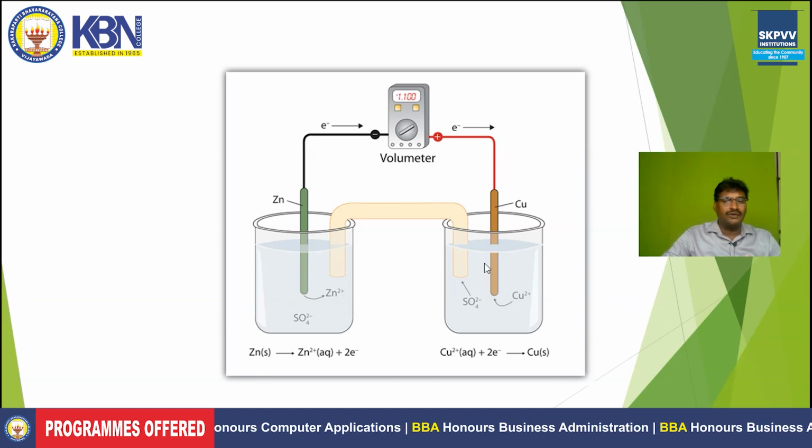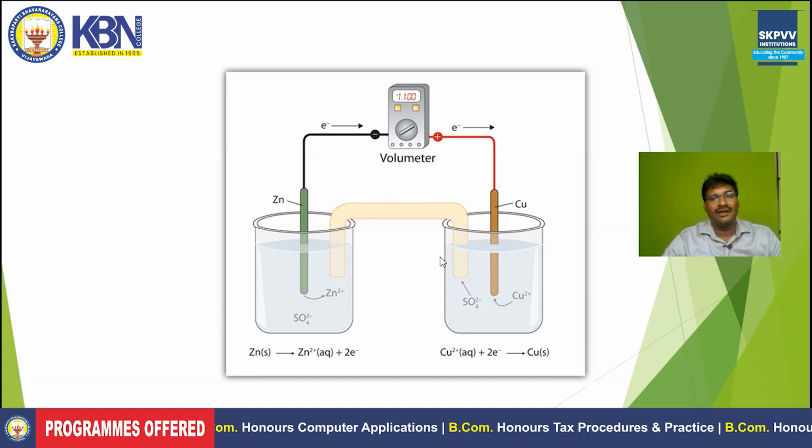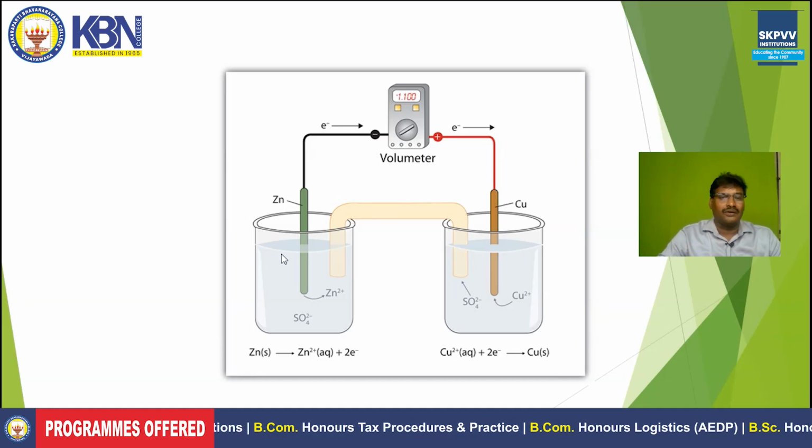In between the two half cells, one salt bridge is connected to provide continuous flow of current, continuous flow of voltage. Here, what reactions take place? In this galvanic cell, zinc acts as the anode. Why? Because it is a source of electrons. Therefore the anodic reaction is Zn gives rise to Zn2+ plus 2 electrons.